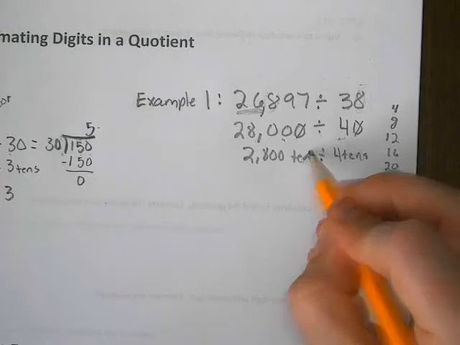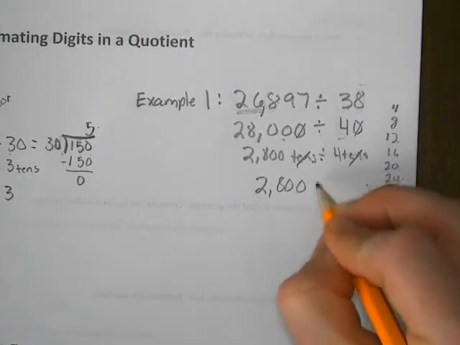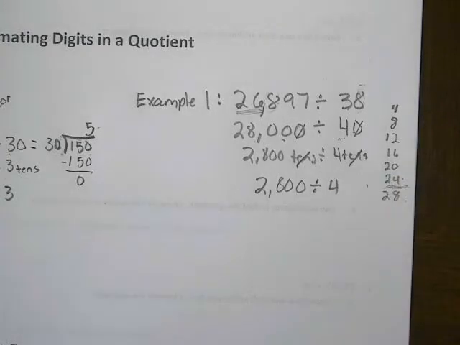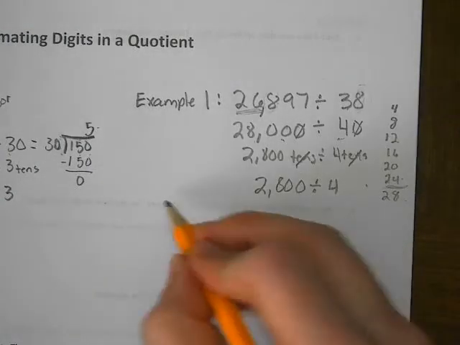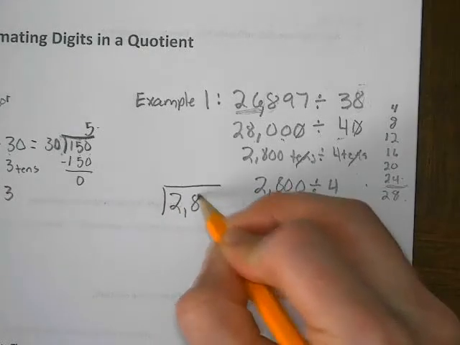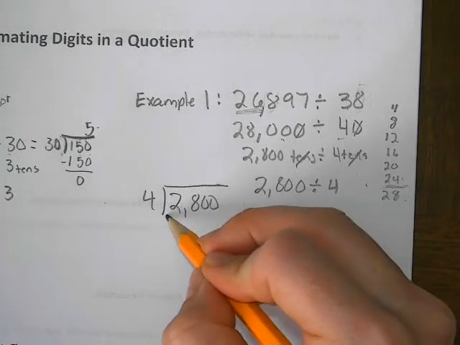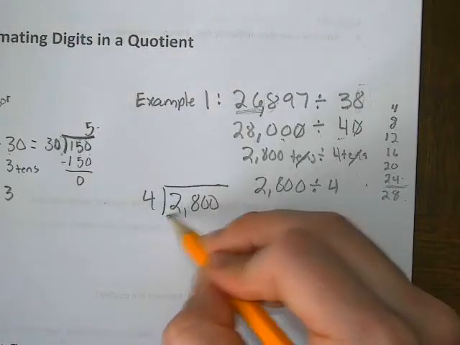Okay, so those tens you don't need. So this is 2,800 divided by 4. So when I put that into this, I have 2,800 divided by 4. Start with my 2. 2 can't be divided by 4, so I go to both.